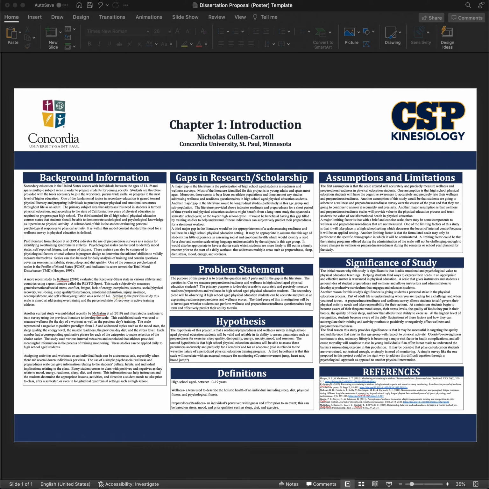Our second hypothesis would be that our students are able to assess these parameters accurately and precisely in a long-term setting for a semester or for an entire year, or even for that 4-year process if this project can carry on that long.